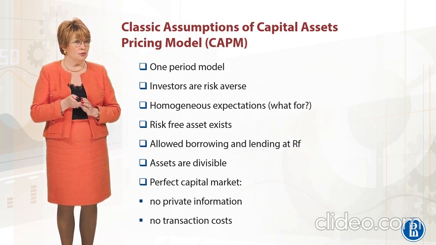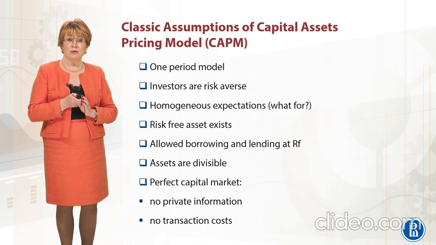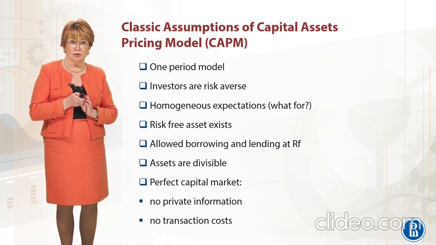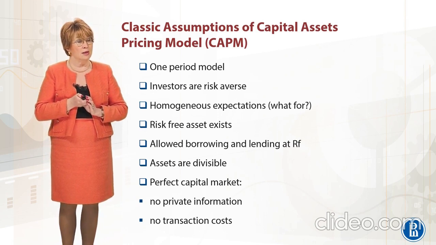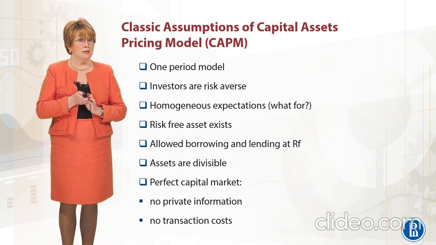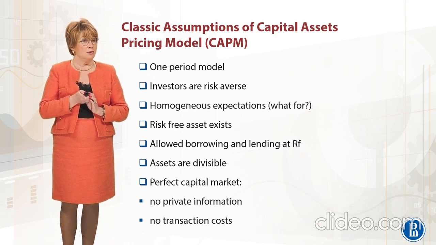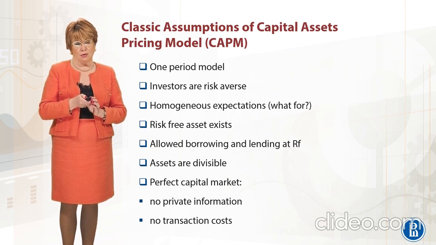We also need to assume the conception of the perfect capital market, which means there is no private information. All the information is equally distributed within the market, access to the information is really equal, and the investor can get any type of existing information without transaction costs.